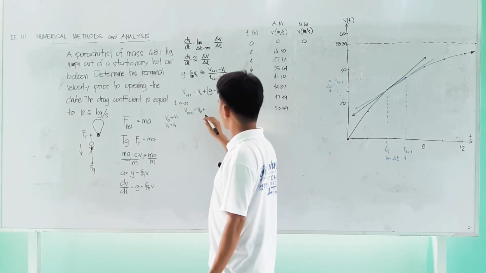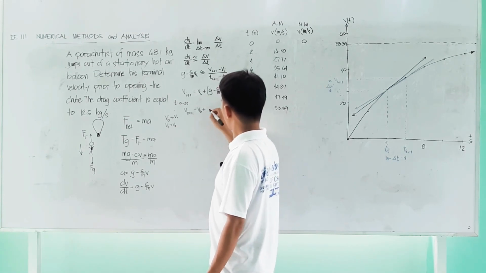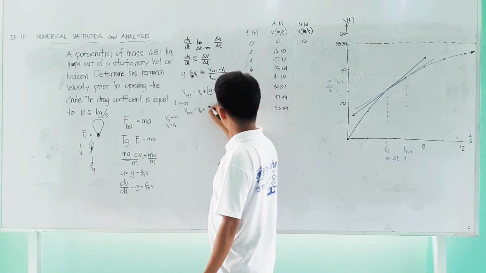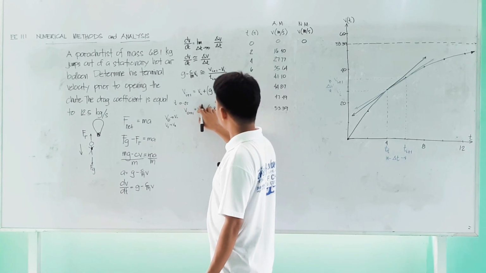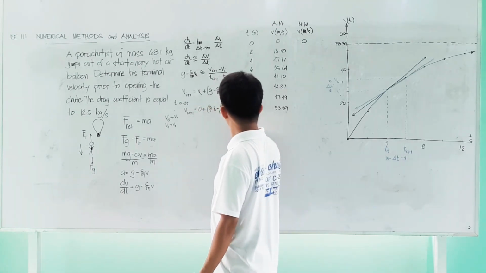That would be, g is 9.81, 12.5, 68.1. v at 0 is 0.